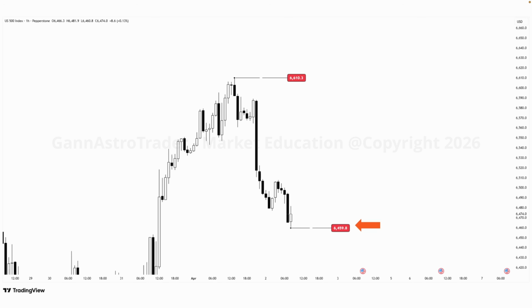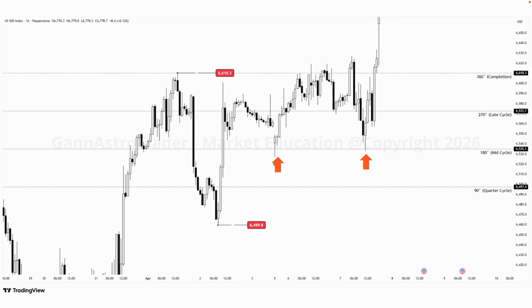This range is then divided into equal angular segments using the method discussed above, mapping price into 90, 180, 270, and 360 degree levels across the chart. As price progresses through these levels, it reacts around the mid and late cycle zones before continuing higher. This shows how price respects its position within the cycle, moving from structure into completion.